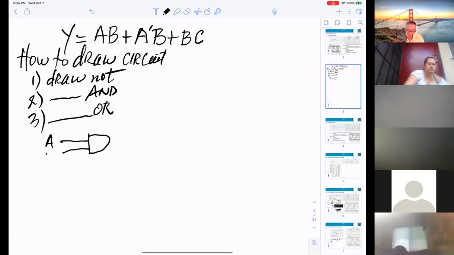And that will be B. So that gives you A and B. So that one, not A and B. Okay? So A here, you want to get a NOT inverter.